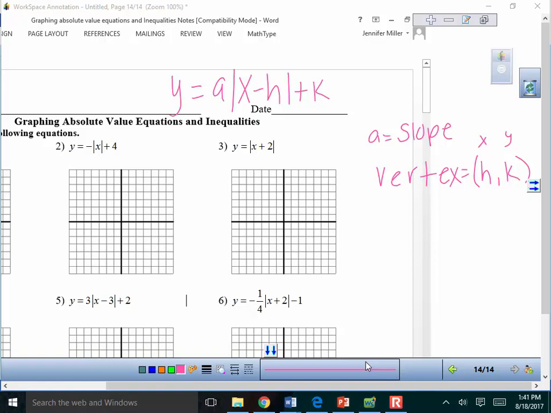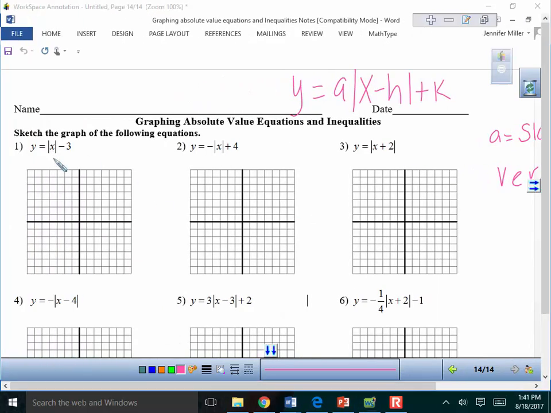Now, h is the opposite of what you see inside the absolute value, and k is exactly what you see outside. So, let's look at number one. What do we see inside the absolute value? There's no number, so it would be 0, and then the number outside is -3, very good.